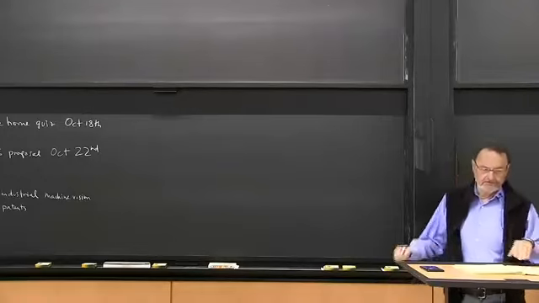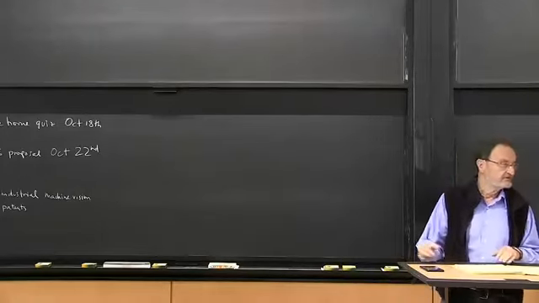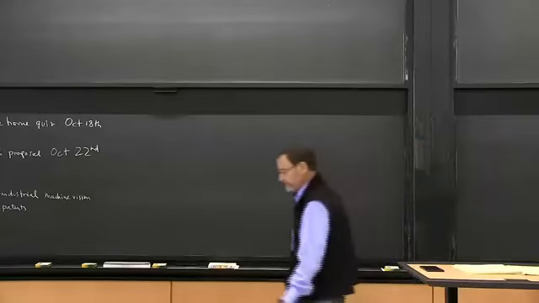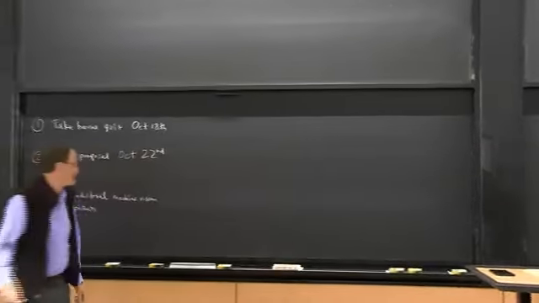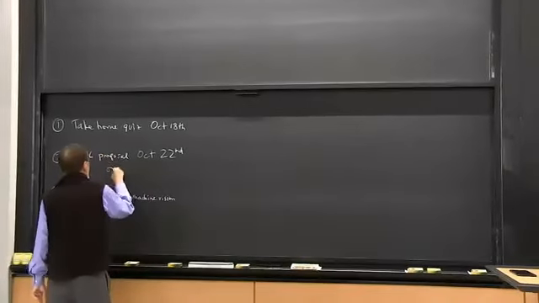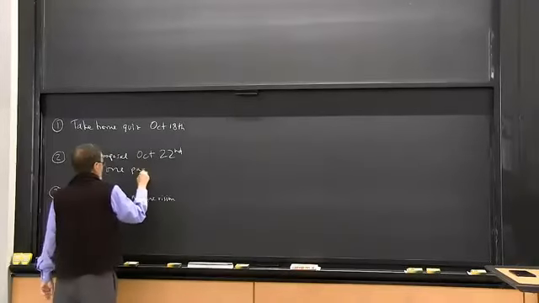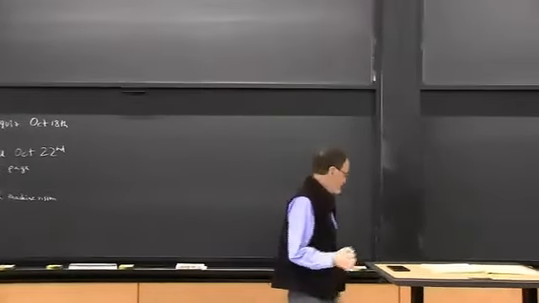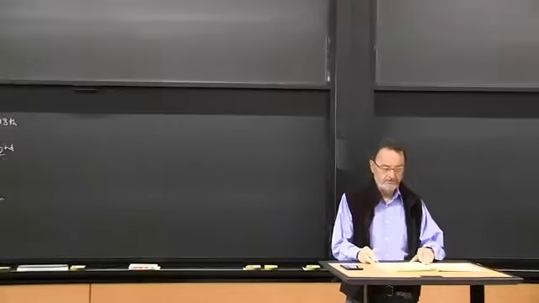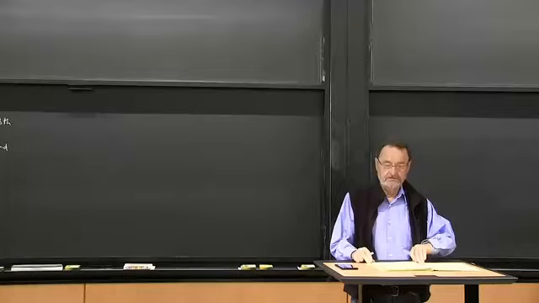And then those of you in 6866, there's a proposal due on the 22nd, and that's meant to be short. And that's where you tell me what you'll be doing for the term project.